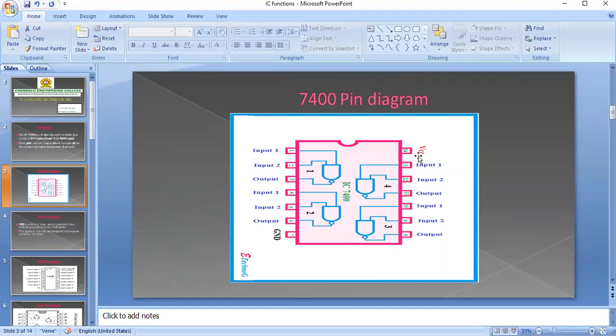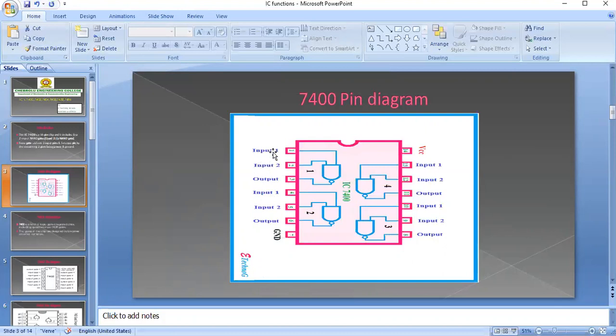This is a 2 input NAND gate, which means every NAND gate has 2 inputs and 1 output. The first two pins are input pins and the third pin is output. Similarly, pins 4 and 5 are input pins and the 6th pin is the output pin.